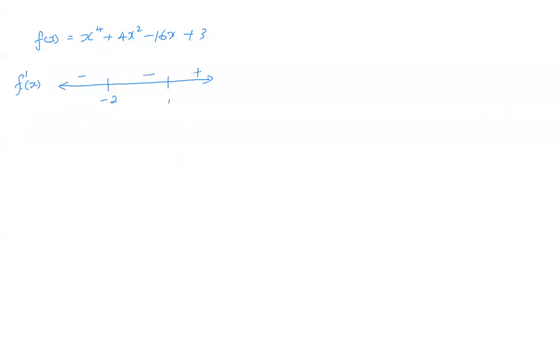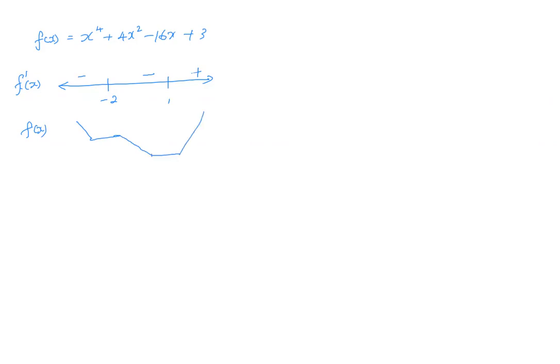So my f(x) graph goes down, stationary. This is my f(x) graph. Stationary, go down, stationary, go up. So this is roughly the shape.